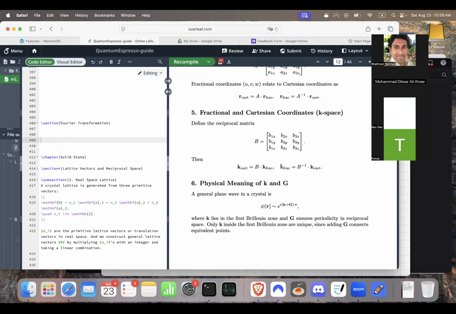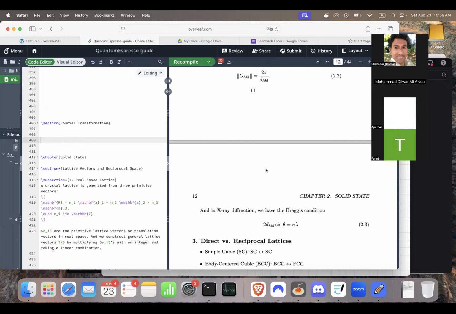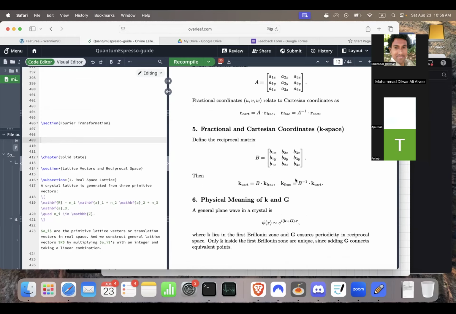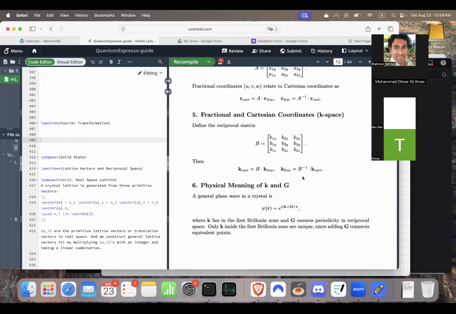And if you want the fractional coordinates from Cartesian, you just multiply with the inverse of B. This is exactly the transformation that Alvi was presenting today. If you have a vector, you multiply with a matrix, you get a different vector, or you transform the vector. So k frac is just these m1, m2, m3, but they're limited to range from 0 to 1. Does it kind of make sense?